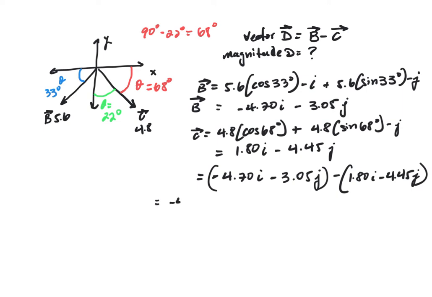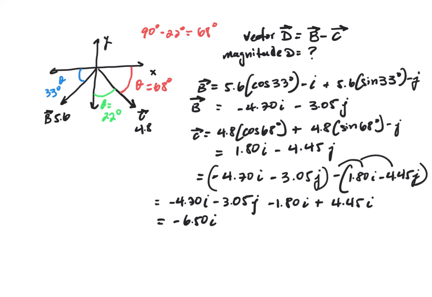So we're gonna write it again, negative 4.70 i minus 3.05 j. We're gonna distribute this minus to the 1.8 and to the negative 4.45. So this is gonna be negative 1.8 i plus 4.45 j.